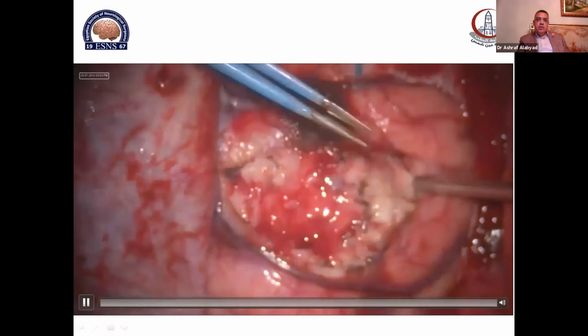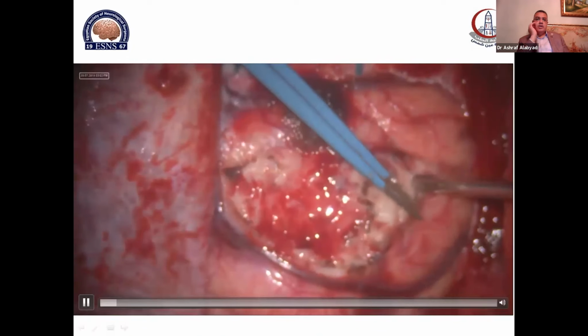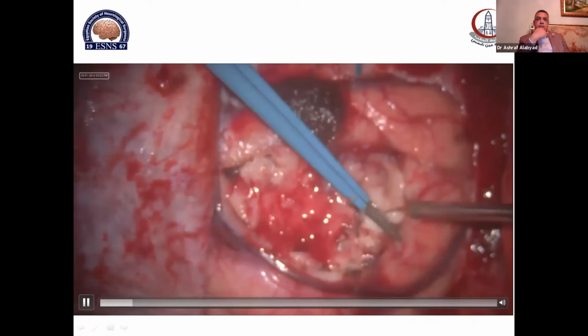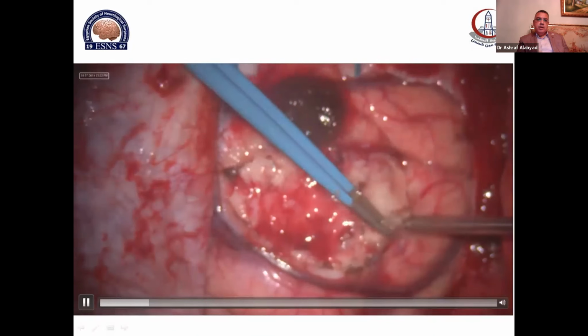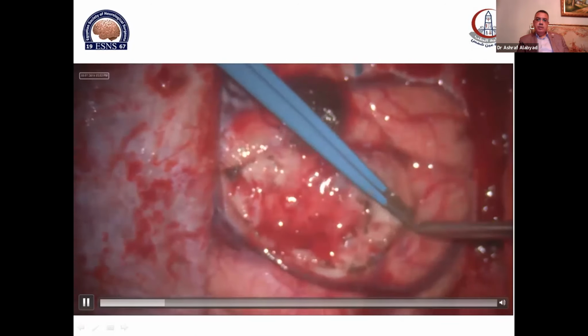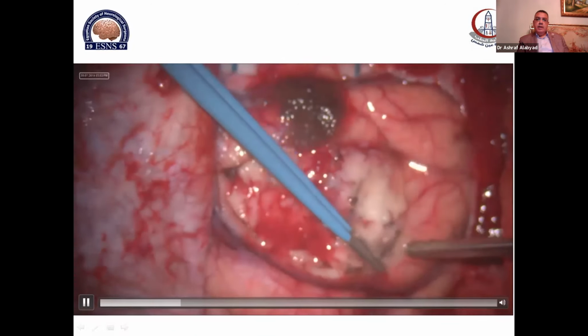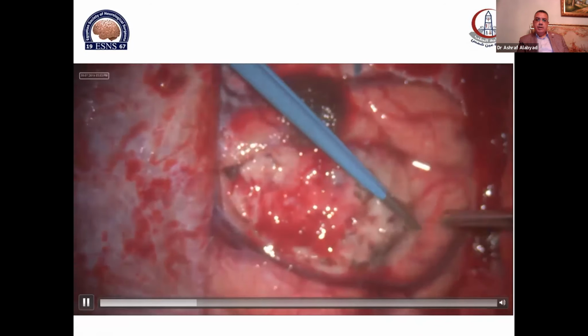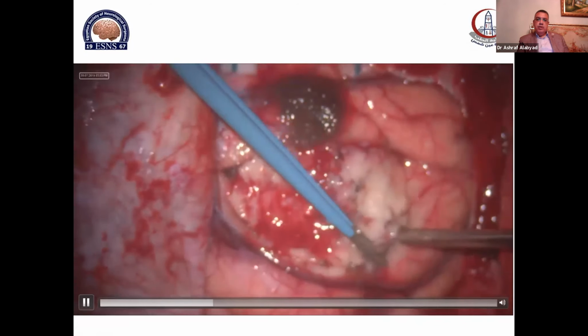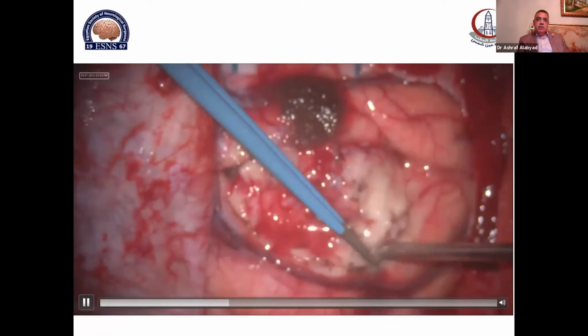After exposure of the whole surface of the resection area, one of the choices to resect the tumor is either to work on the tumor internally and debulk it toward the margin piecemeal, or to define the margin all around the tumor.